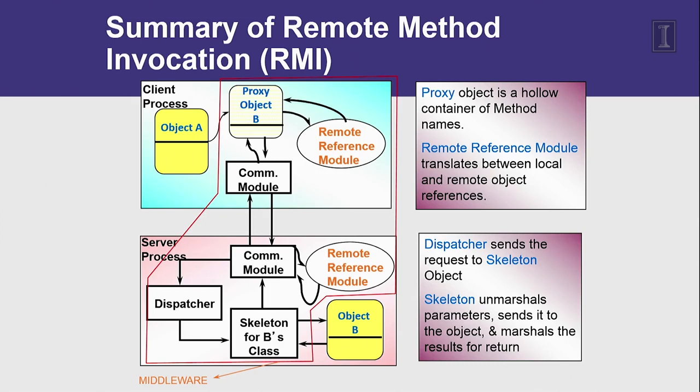And what's going to happen is that it would talk to a proxy object instead on the local client. That bundles everything up, goes through a communication module, communicates to a remote service, and the communication module on the remote service unbundles it and then calls a dispatcher. The parameters are taken care of by a skeleton, and there's invocations on the object.